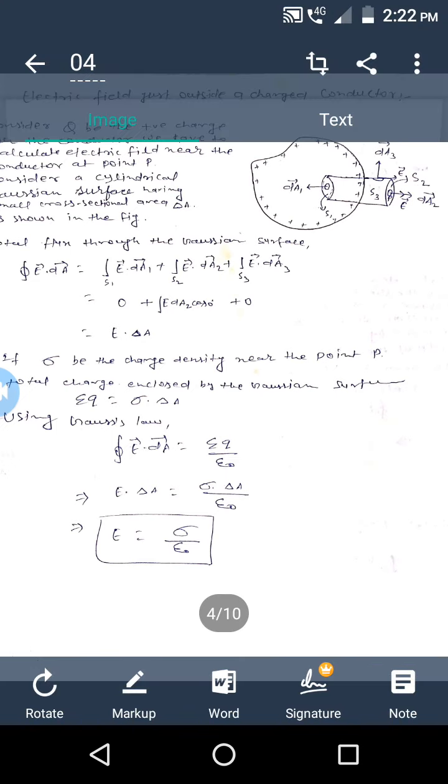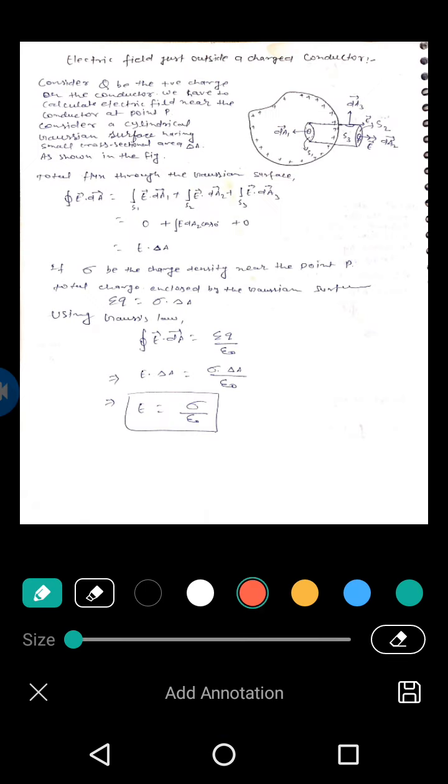See here, this is the cylindrical Gaussian surface, with its half part outside the conductor surface and half part inside the conducting surface. As we know, the electric field inside the conductor is always zero. In electrostatics, there is no electric field inside the conductor.